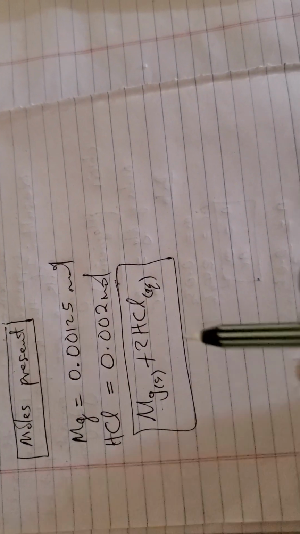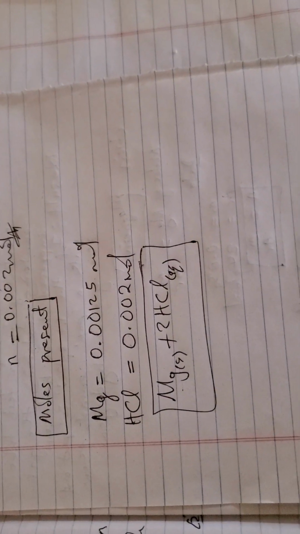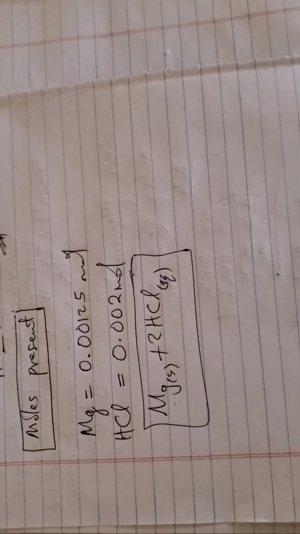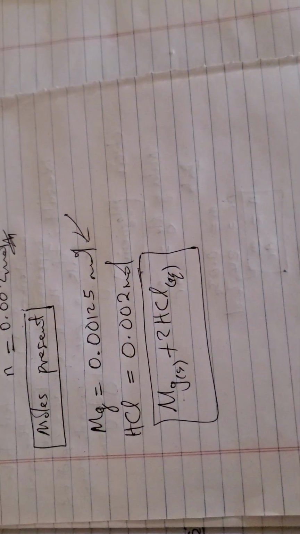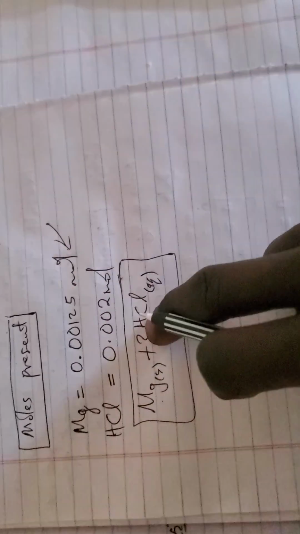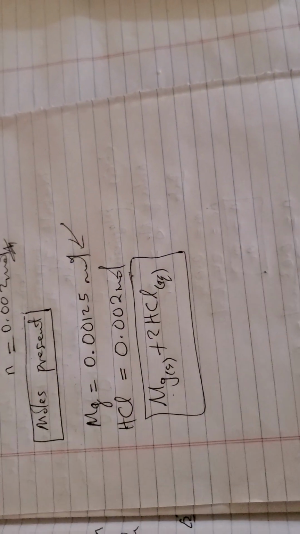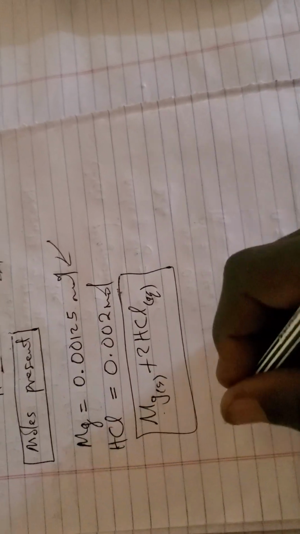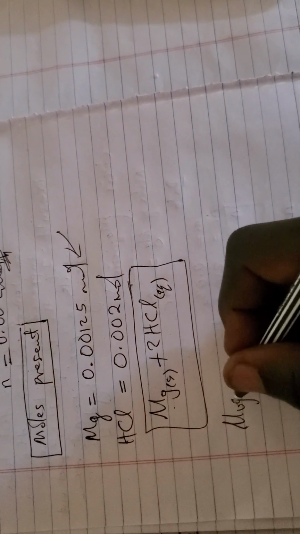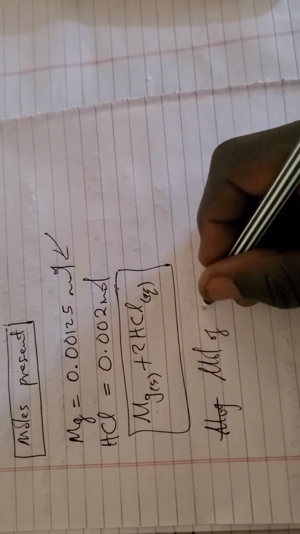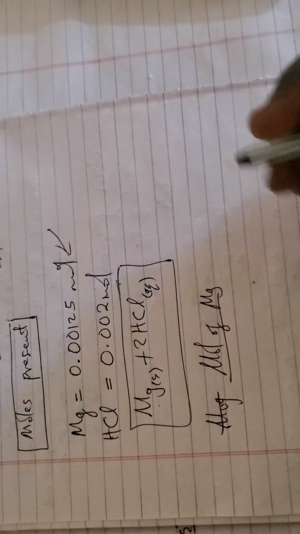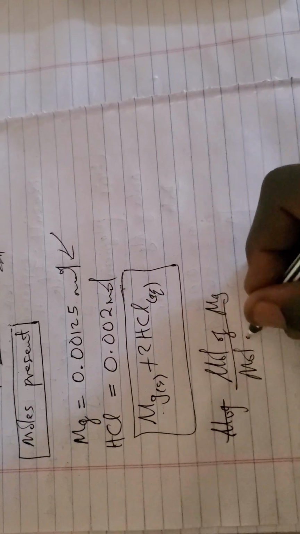So now, since this one has more and this one has less, we check the next step, which is how many moles hydrochloric acid needs from the present. These are the ones which you have, but how many should you donate in the equation for the reaction to go on? So we say moles of magnesium over moles of hydrochloric acid.